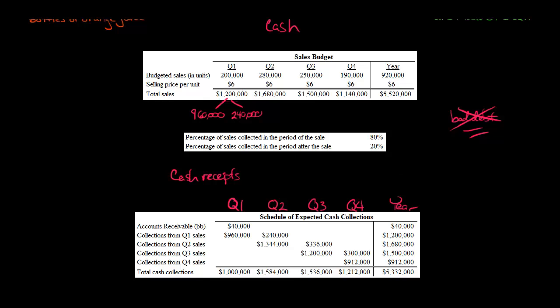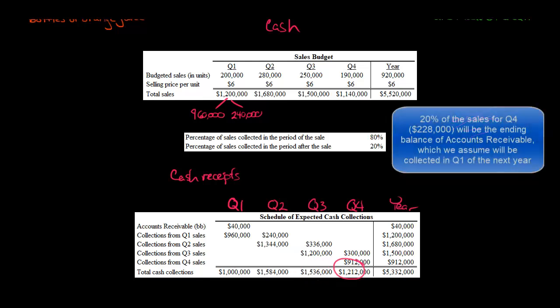You make the schedule of expected cash collections. So for quarter 1, in your cash receipts, you would say we collected $1 million of cash from sales. In quarter 2, 1.584 million. Quarter 3, 1.536 million. And quarter 4, 1.212 million.